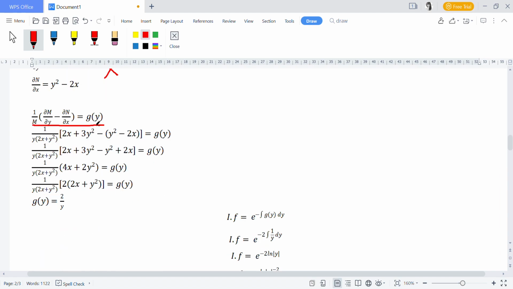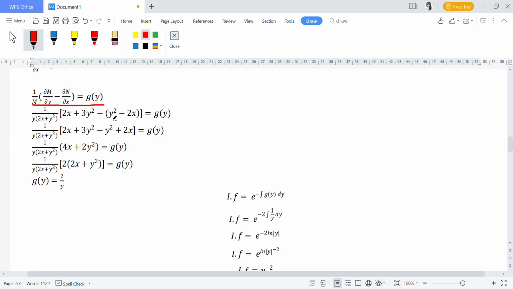So we will now have 1 over y times 2x plus y squared times 2x plus 3y squared minus the value of partial of N in terms of x, y squared minus 2x is equal to g of y. Then distribute this negative sign inside this parenthesis to come up with this one, 2x plus 3y squared minus y squared plus 2x.